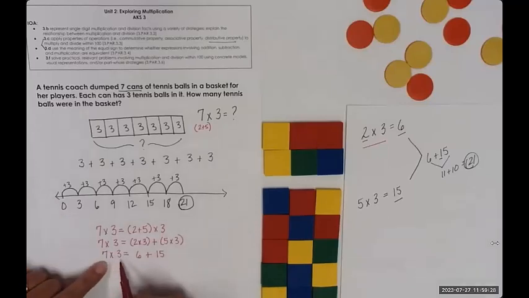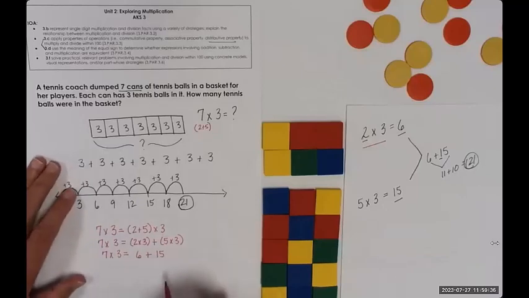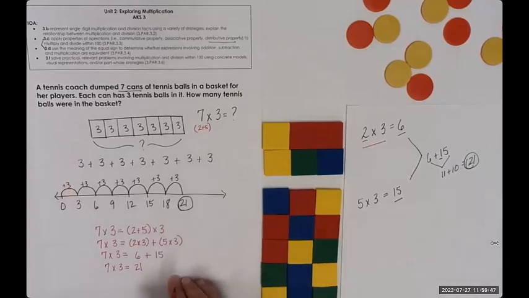So 7 times 3 has the same value as 6 plus 15. Okay, they are the same, which brings us all the way back to our original equation. 7 times 3 is the same as 21.